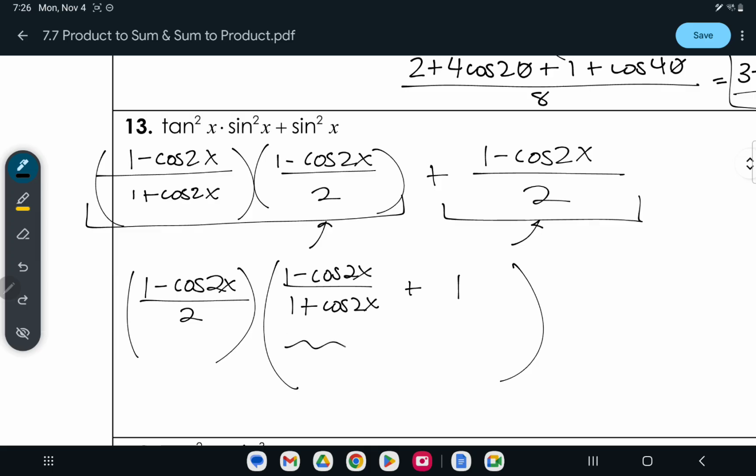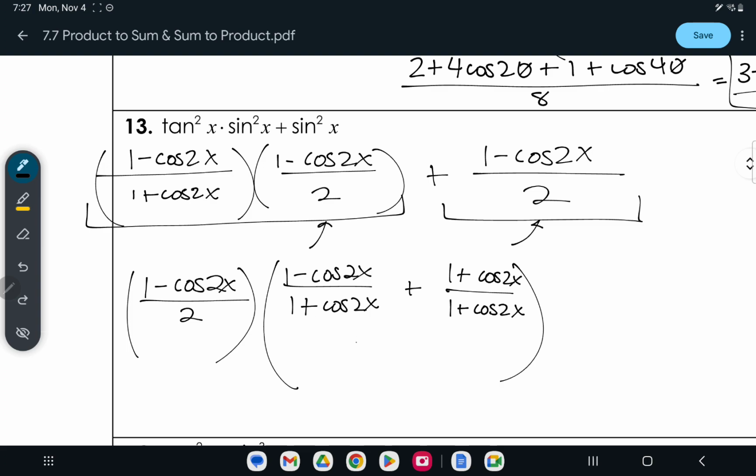Well, I want to combine this into one fraction. So instead of having 1, I'm going to make the common denominator the fraction, because that is equal to 1.